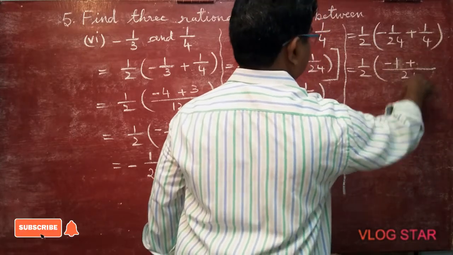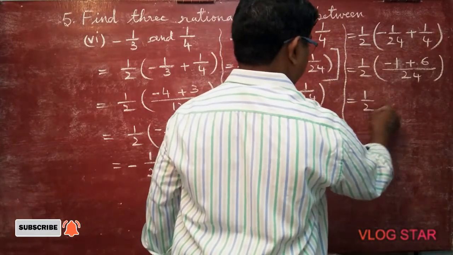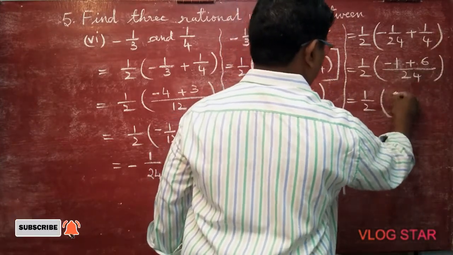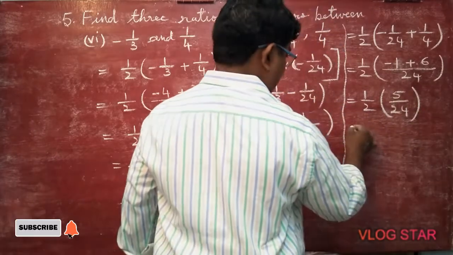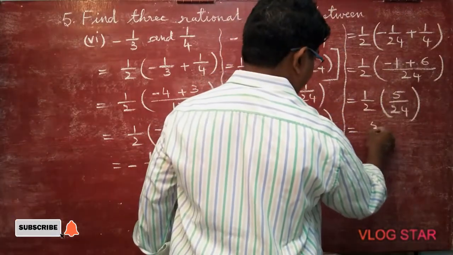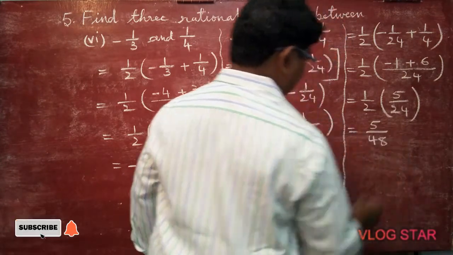Here 4 goes 6 times, so 1 6 is 6. So that is equal to 1 by 2 into 6 minus 1 is 5, 5 by 24. There is no common factor. 1 5s are 5, 2 24s are 48.